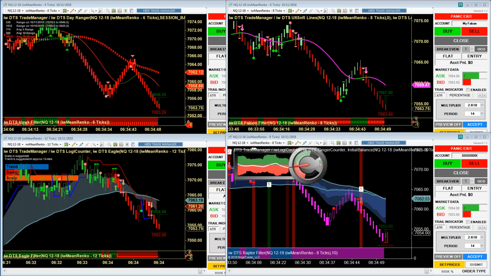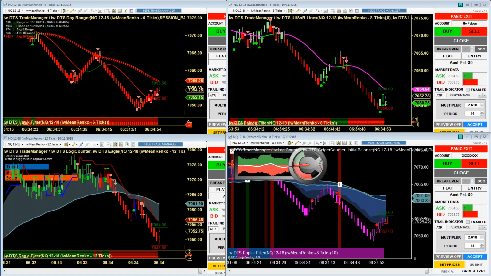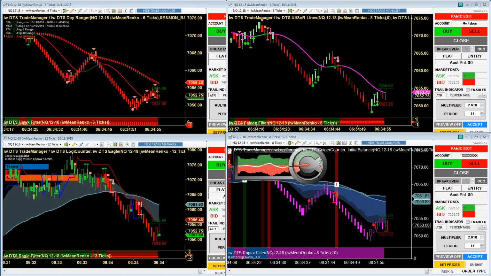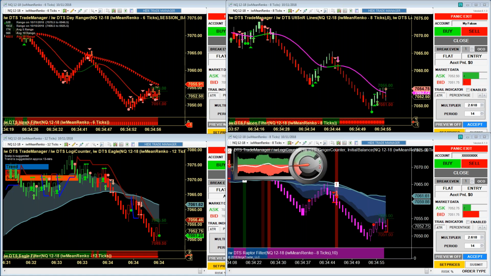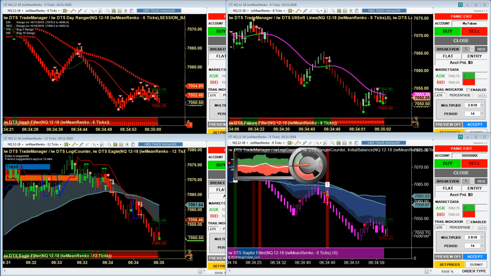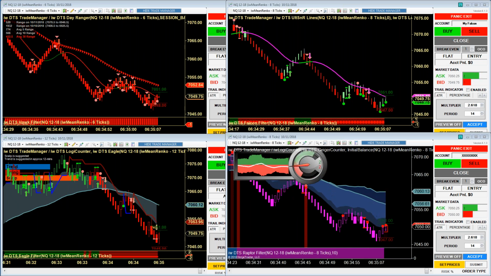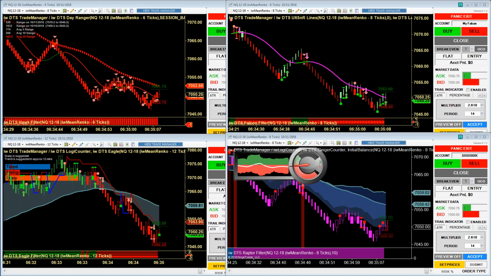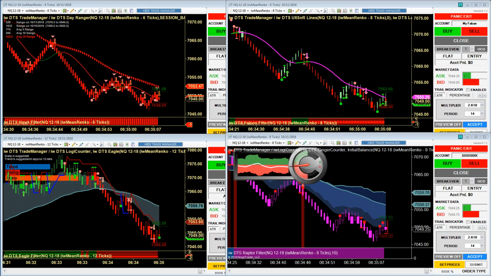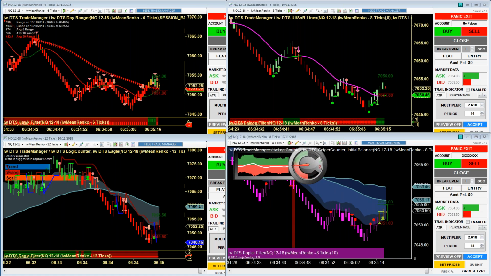The Roadrunner is an alternate system. I get a lot of questions about the Roadrunner, what it is, how it compares to the Raptor. Hold on here a second.